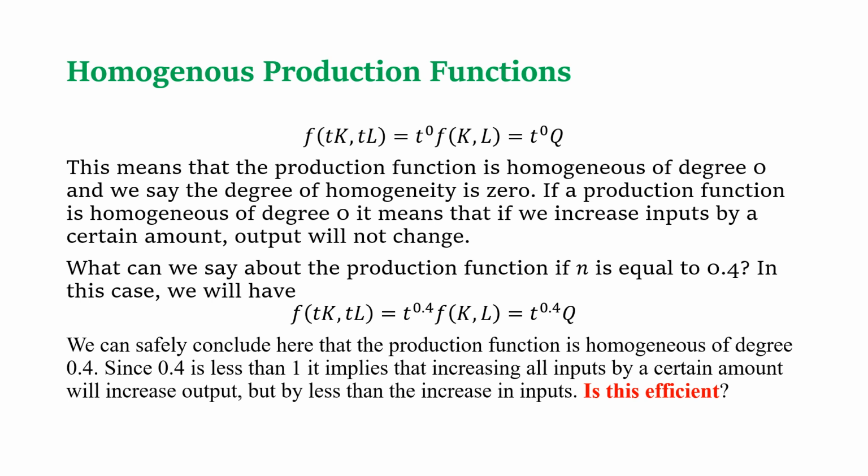Now, what can we say about the production function if n equals 0.4? If n equals 0.4, then the degree of homogeneity is 0.4.